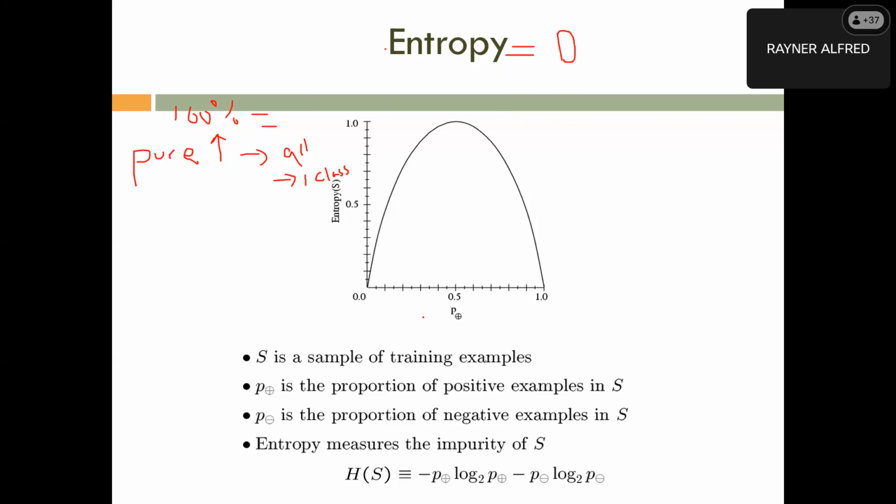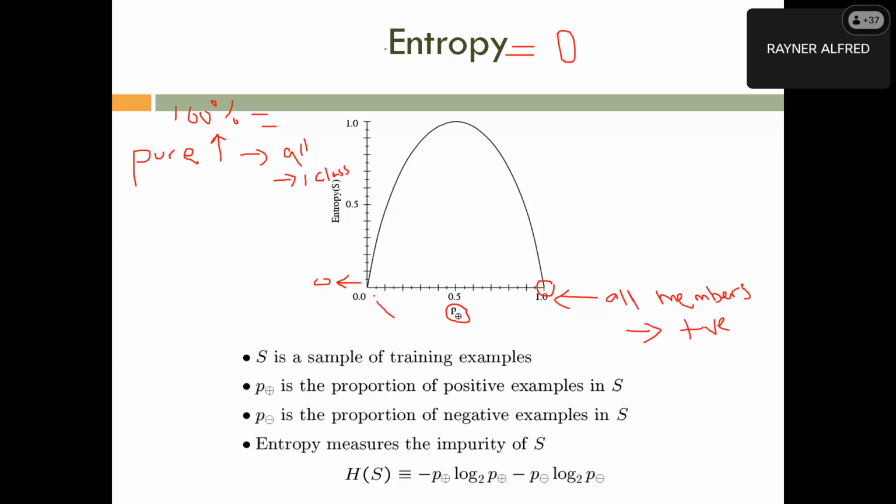So if we look at this graph here, this is the positive sample that we have. So when we are here, meaning that all members belong to positive. Over here, all members belong to the positive sample in that particular partition. So if we refer to the entropy, this is 0. Okay.